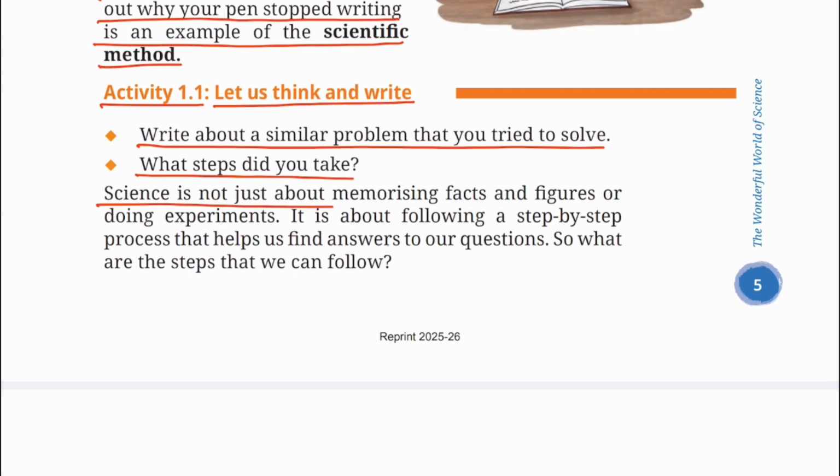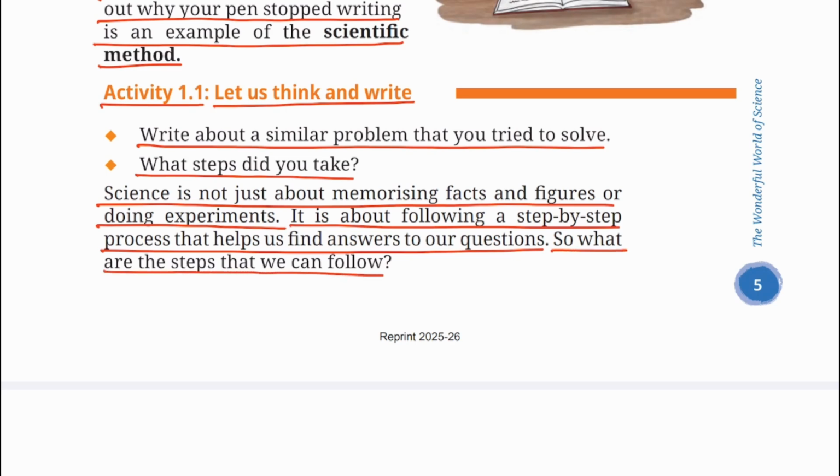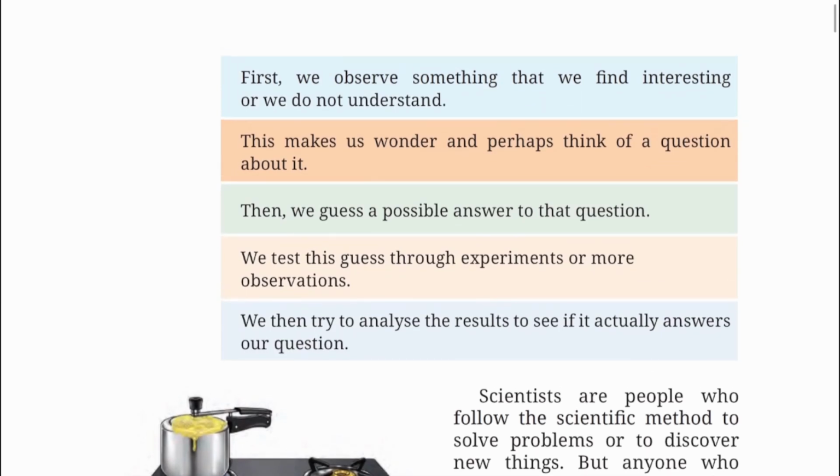Science is not just about memorizing facts and figures or doing experiments. It is about following a step-by-step process that helps us find answers to our questions. So what are the steps that we can follow? First, we observe something that we find interesting or we do not understand.